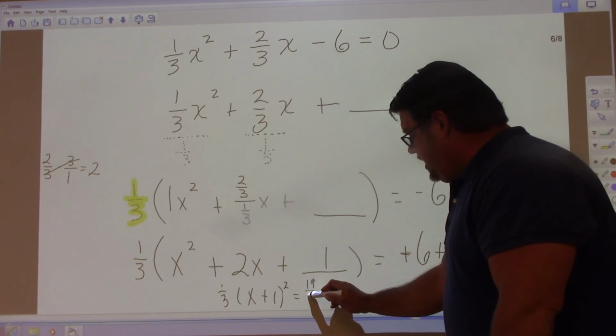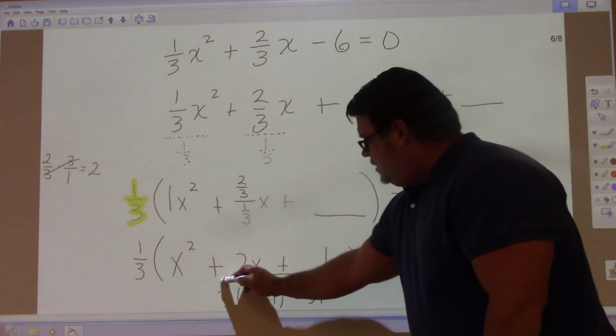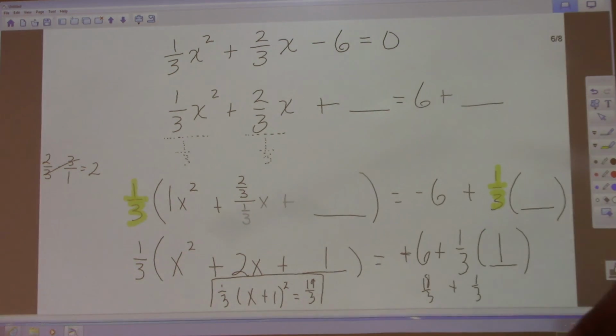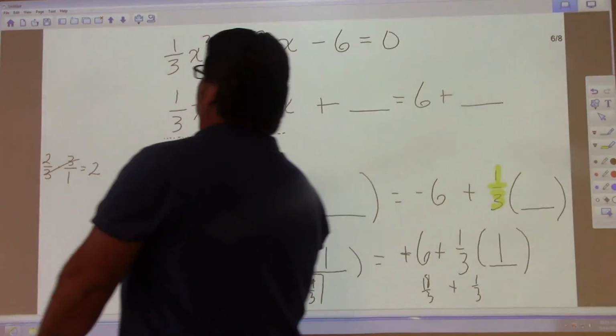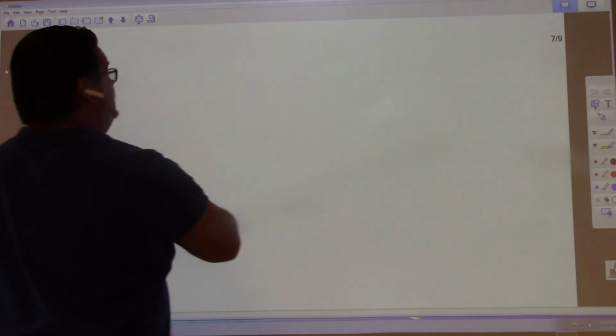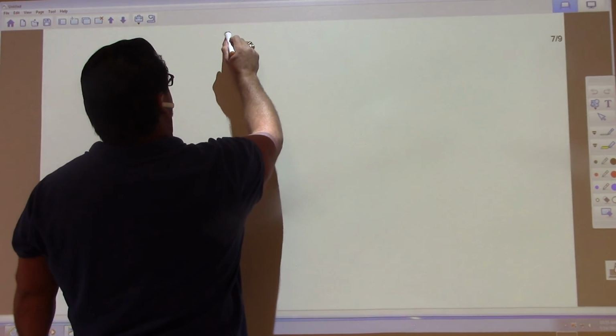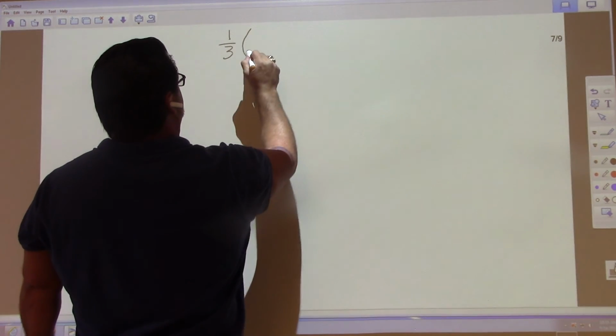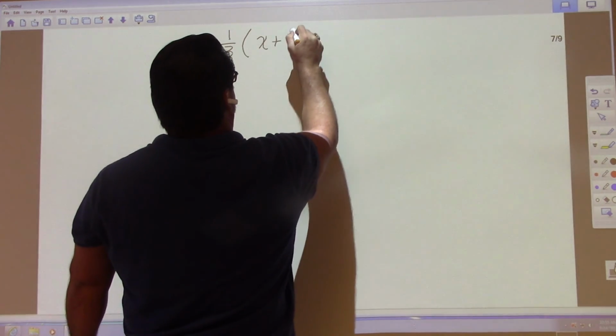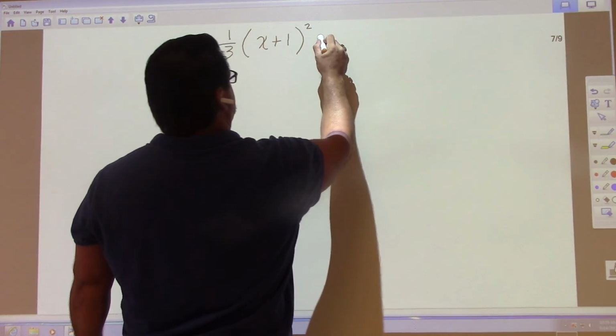So everybody should have 1/3 times x plus 1, quantity squared, is equal to 19/3. Did you get it? See? You can do it. But now I don't know. Oh, gosh. I mean, I kind of know. You kind of know. All right, give it to me. What is it? 1/3 x plus 1 quantity squared equals 19/3.